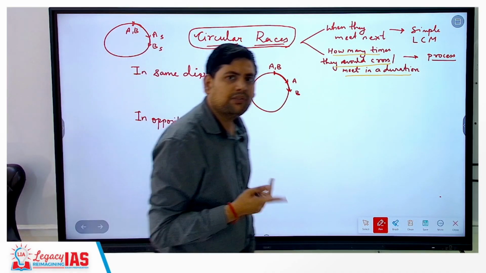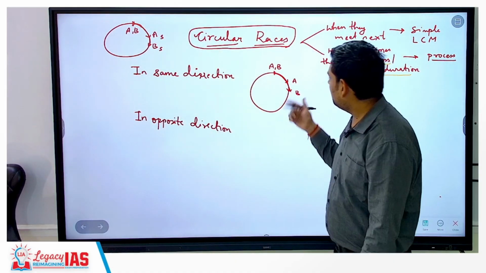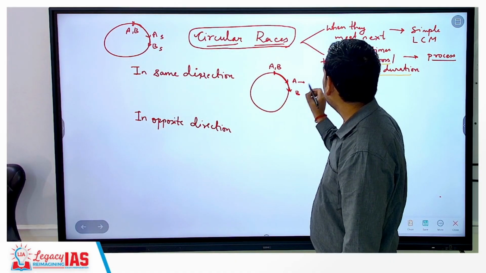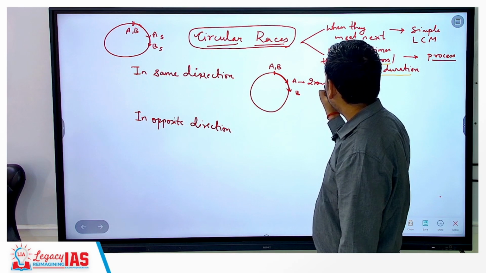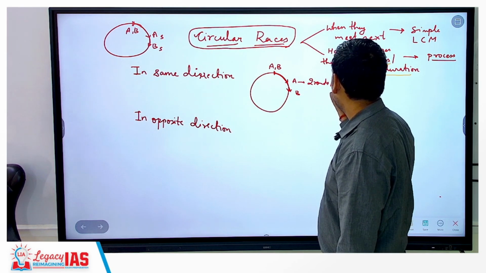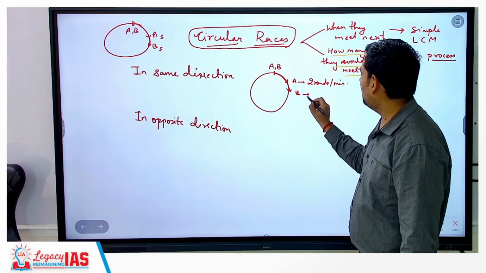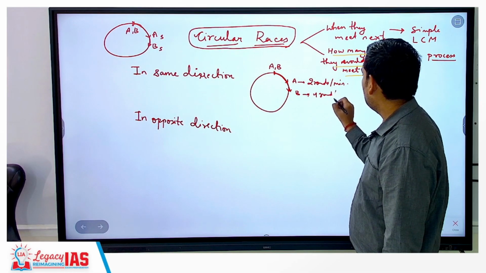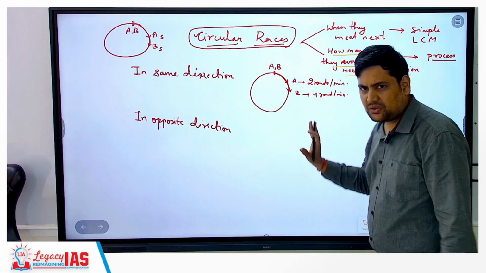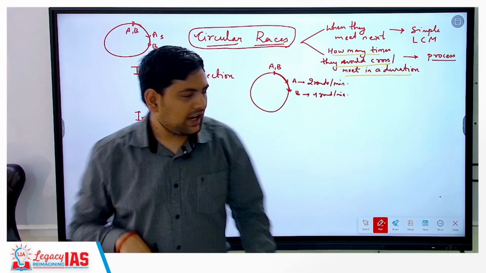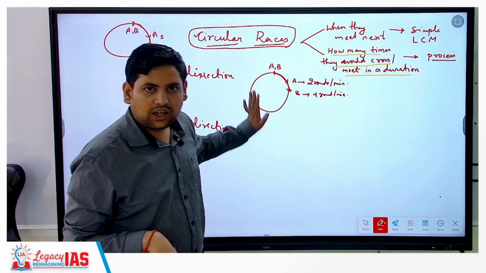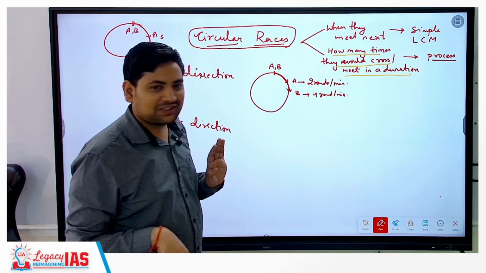If they have different velocities, let's say A completes 2 rounds per minute and B completes, let's say, 4 rounds per minute. Just intuition you have to develop here. So A completes 2 rounds in 1 minute and B completes 4 rounds in 1 minute.